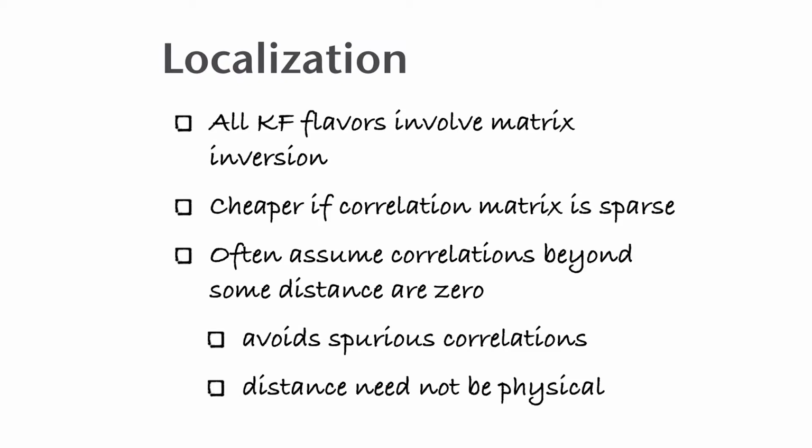So if I have thousands of state variables and hundreds of ensemble members, I'm going to get strong correlations every once in a while just by chance. And if I leverage those, I can get wacky things happening.